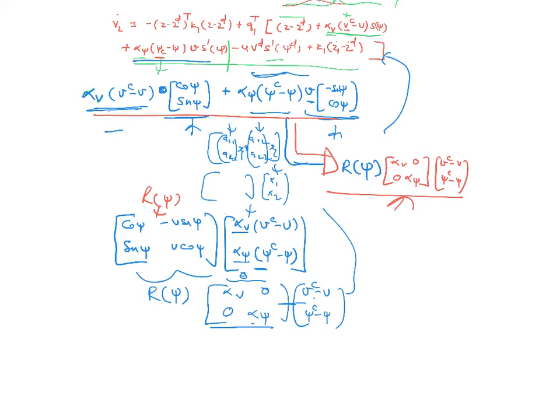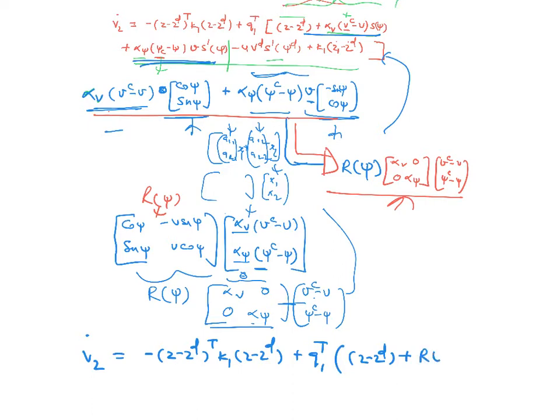So my V2 dot will now be minus z minus z desired transpose k1 z minus z desired, plus q1 transpose z minus z desired, plus these two terms, which can be written as R psi into this alpha v 0.